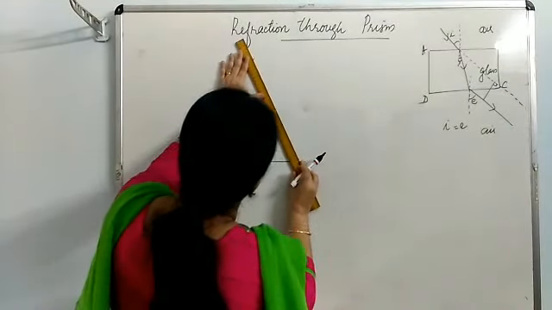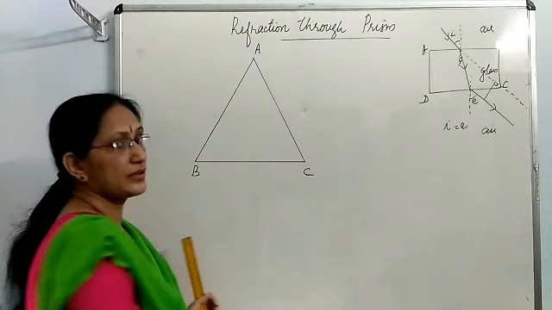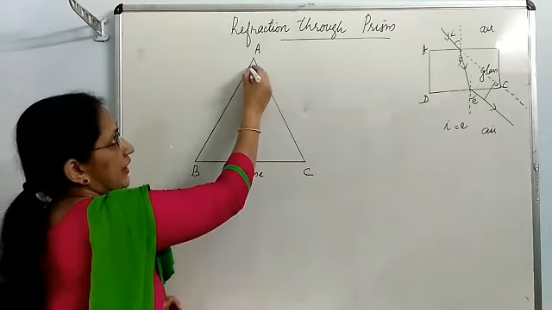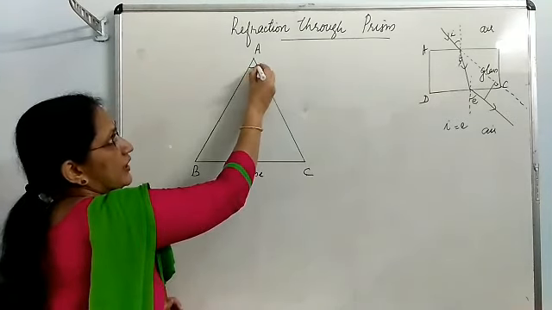This is the cross section of the prism. I am naming it as ABC. BC we are using as the base, and this angle we call the angle of prism.